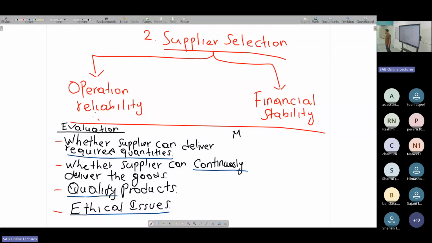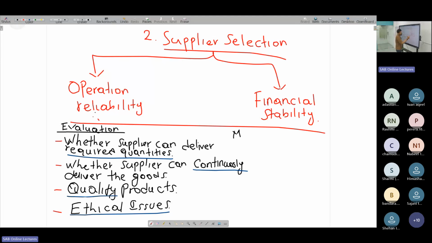For example, after 3 months the business may stop. Third, quality products, the most important one: whether he can deliver quality products or not. Fourth, ethical issues. If he has any ethical issues, that will impact the business as well.